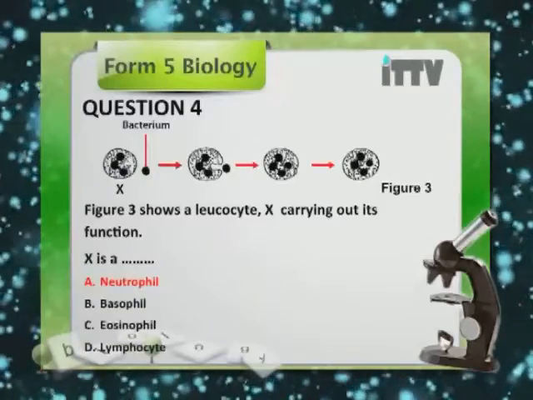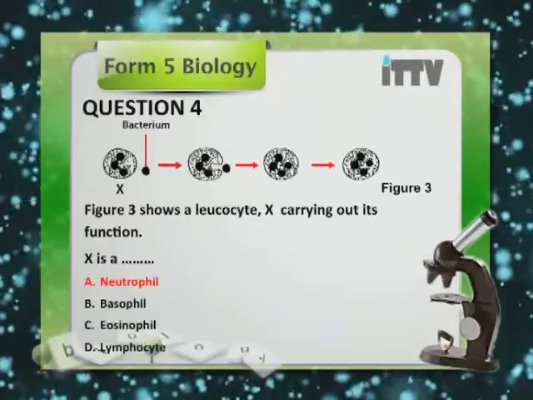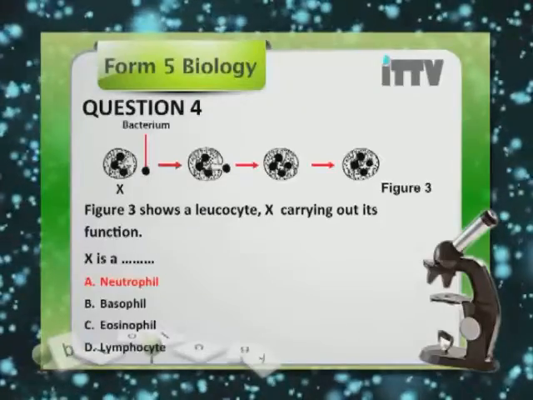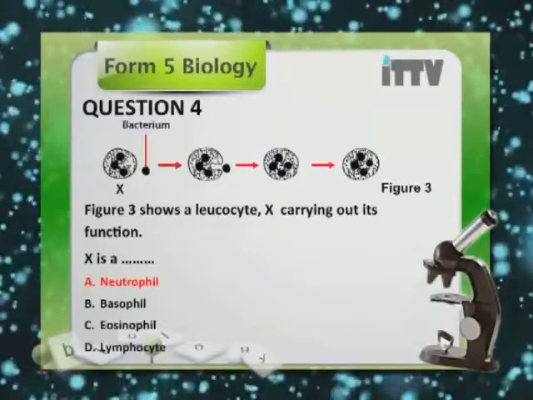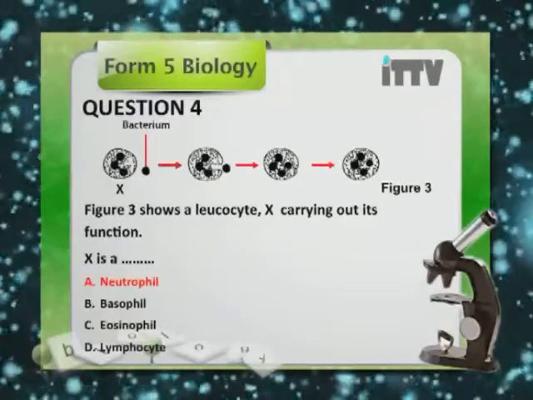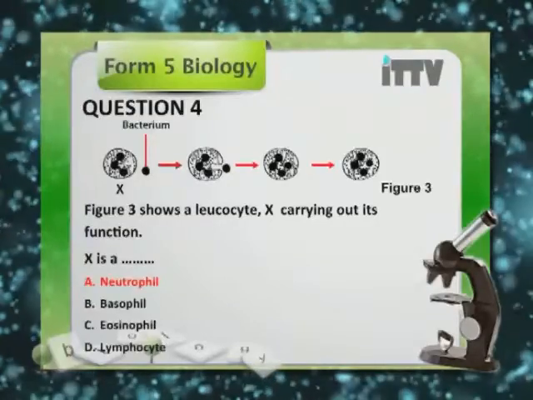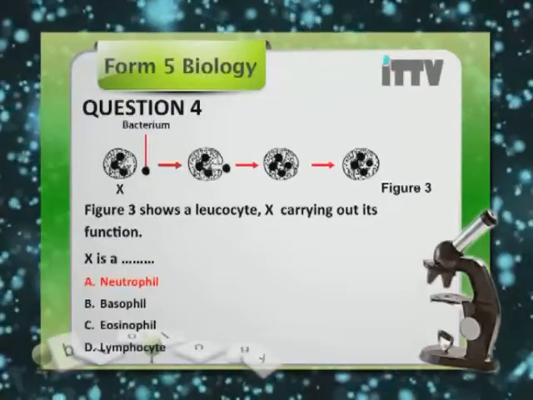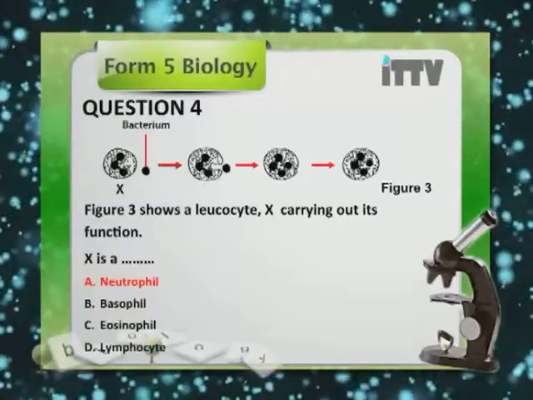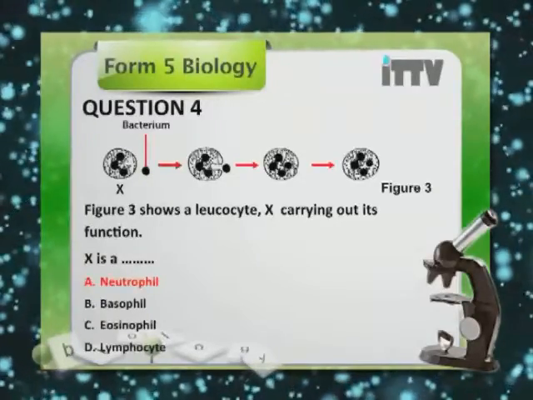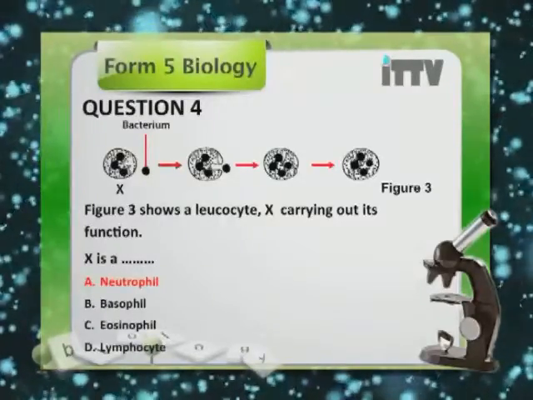Neutrophils have a multi-lobed nucleus, and that is very evident in figure 3. Basophils have an S-shaped nucleus, while eosinophils have a double-lobed nucleus. Lymphocytes have a spherical nucleus and hence do not fit in the above diagram.